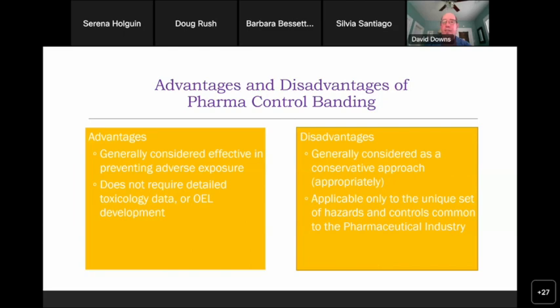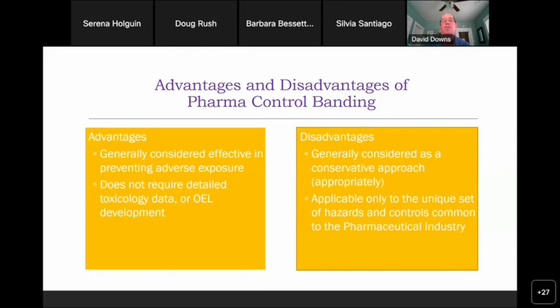The disadvantages, it's generally considered a conservative approach, as I said, and that's appropriate. It's appropriate for this because we're making judgments on a qualitative basis, and coming out using a conservative approach is really what we need to do. But that's going to cause you to probably put materials into a higher level of control than they may actually need once we find out the details in terms of toxicology. We may have overshot the control, but if we don't know it, it's appropriate that we be conservative.